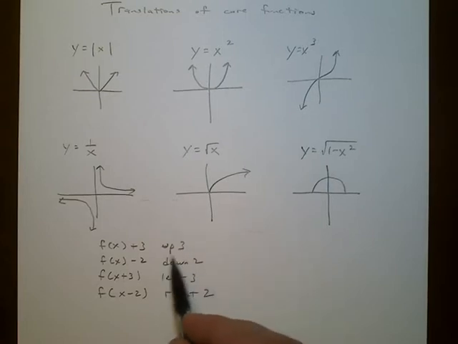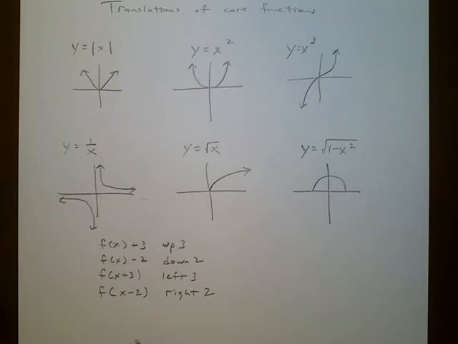Okay, so we have up and down our outside, left and right our inside, and then we have our reflections over the x-axis and the y-axis. And that comes from a multiplication of negative 1. If we multiply by negative 1 internally, so f of negative x, so this is internal as opposed to external, which is the opposite of f of x.